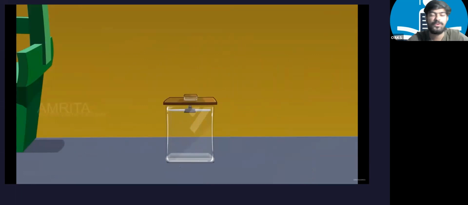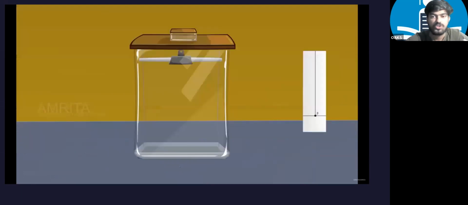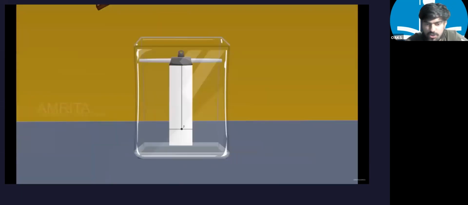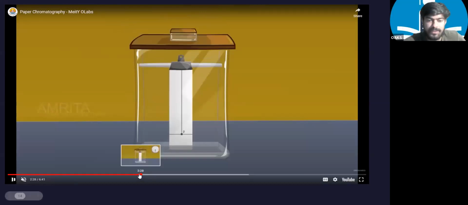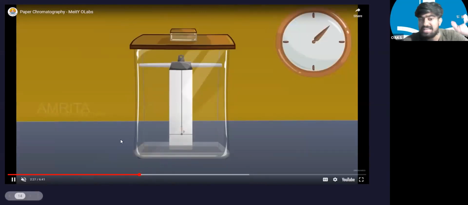And then we are going to bring back the paper. So let's see. We're going to put this paper in this chamber and wait for a while. What will happen? The paper is going to absorb the water, yes or no? When the paper absorbs the water, can you see the two different colors?